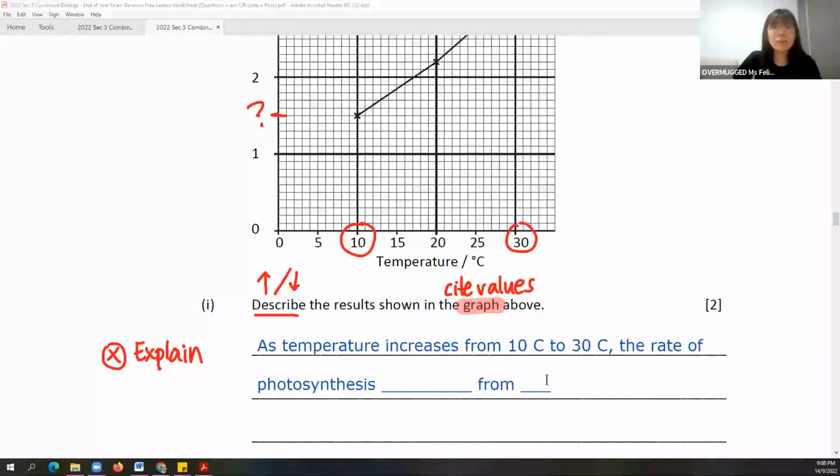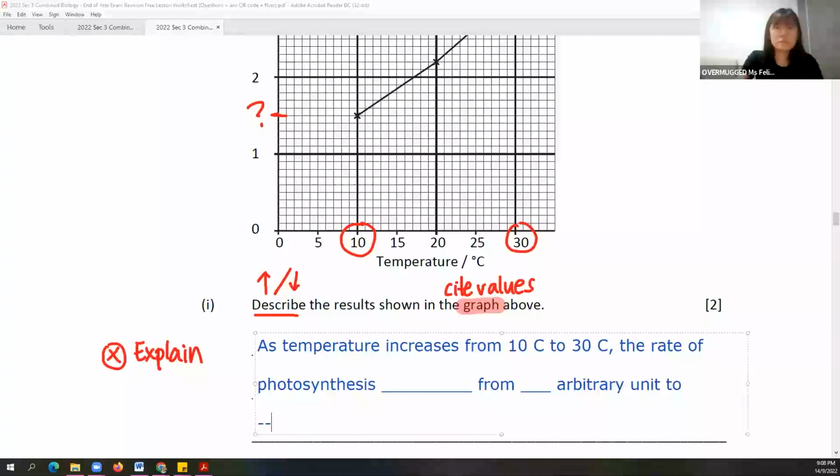So take note, even when you write your answer, not only the number, you need the unit together with it. You cannot just say temperature 10 to 30, it must have degrees Celsius. Same for the photosynthesis, you must also have the unit. They say arbitrary unit, you follow arbitrary unit. Yeah, like that.